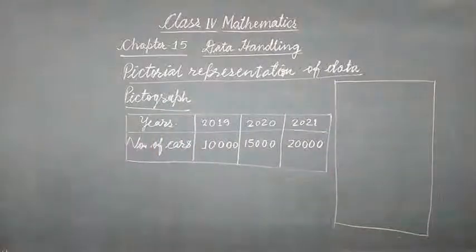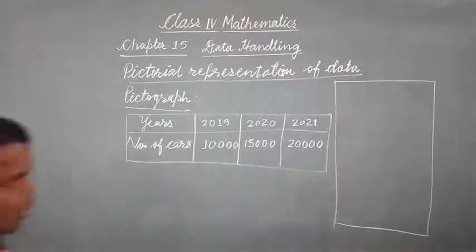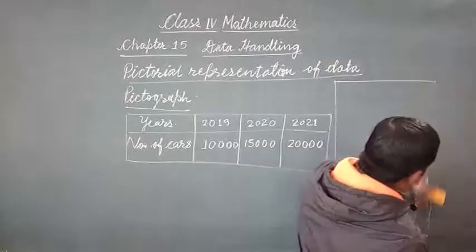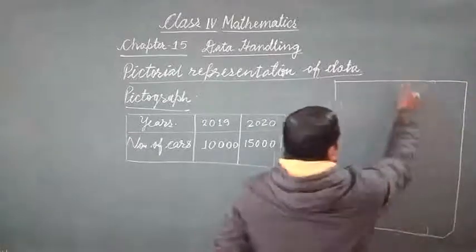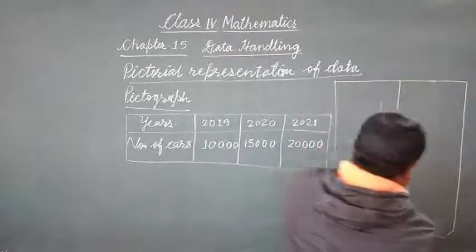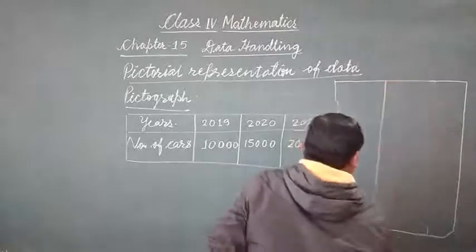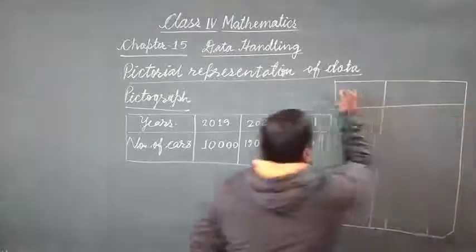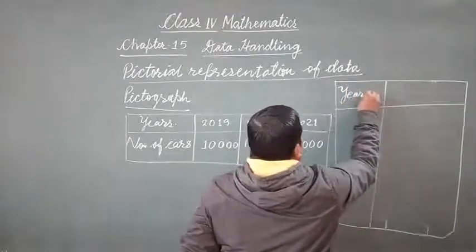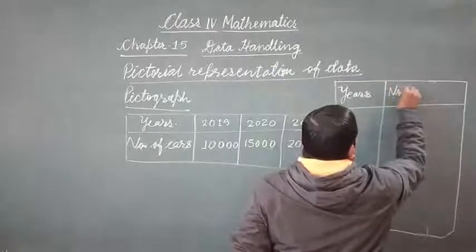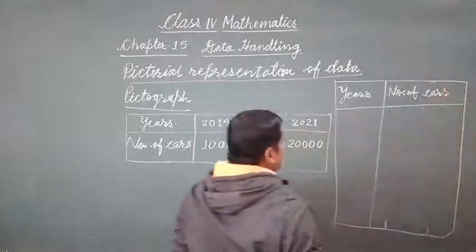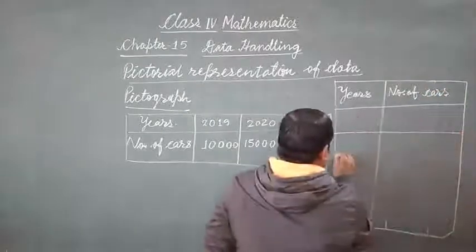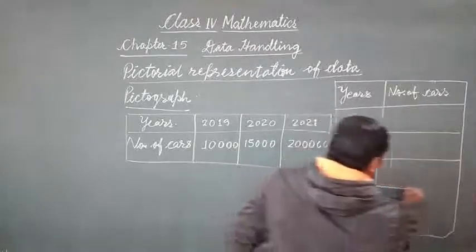In these two columns, in one you will write years, and in another you will write number of cars. Now we have three successive years given.